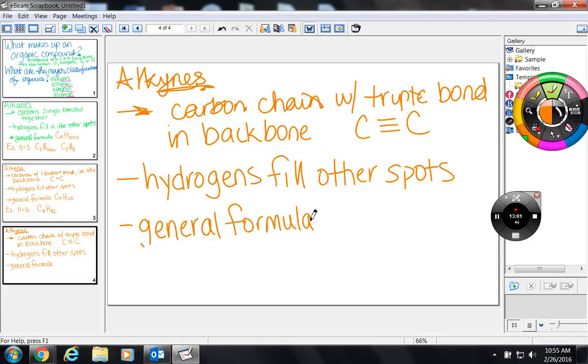And the general formula is C to the N, H to the 2N minus 2.